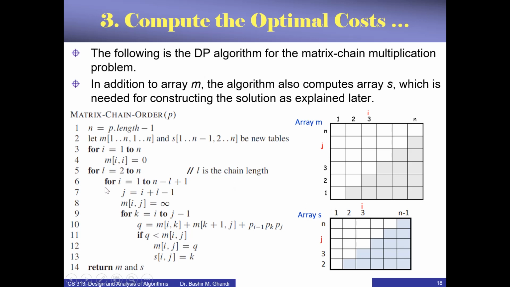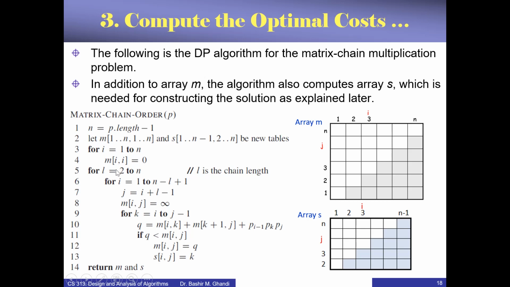Now, how do we compute the problems? As we said, we're going to vary i from bottom to top, but also from left to right. We start a loop based on the length of the chain. For L from 2 to n, since we have already taken care of those of length 1.